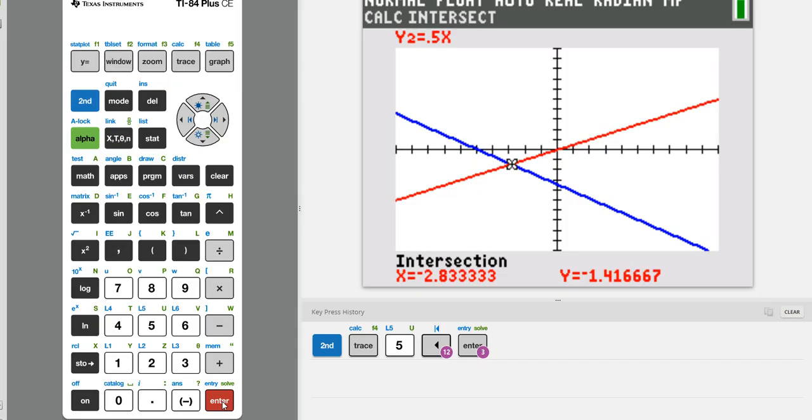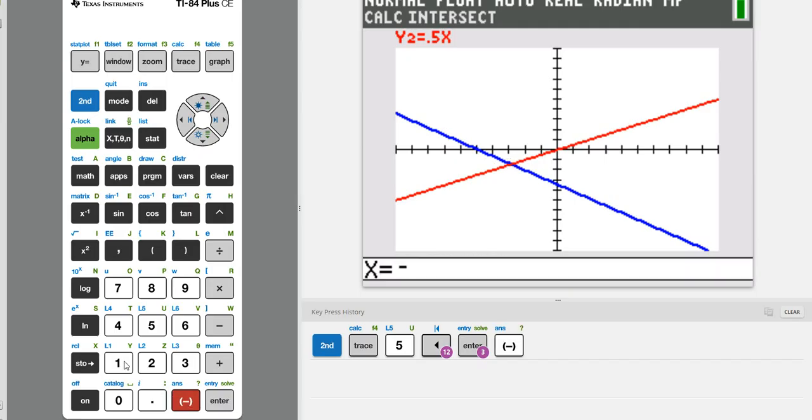So negative 2.8333, that'd be negative 2 and 5/6. And I don't quite recognize the other one off the top of my head, but would it be like negative 1.4 and like a third? I'm trying to think.